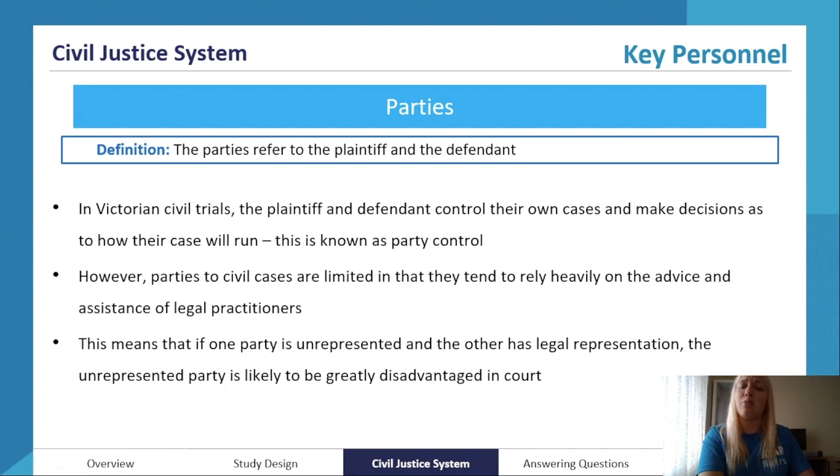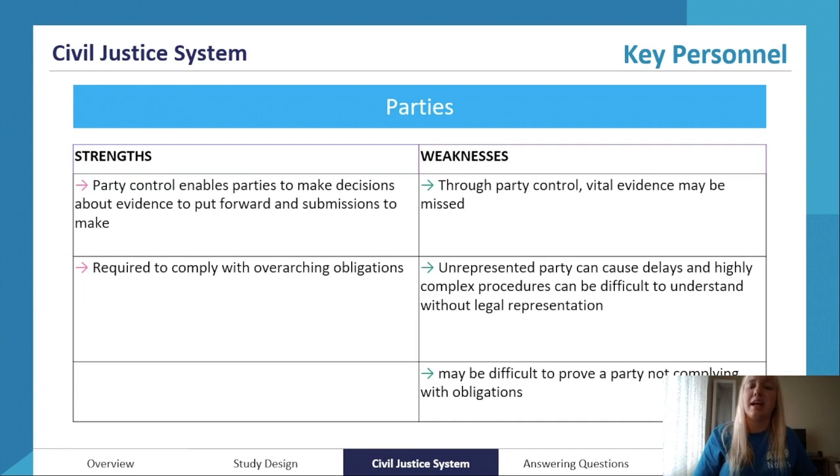So this means that if someone has bad legal representation in comparison to the other party or is unrepresented, they're likely to be greatly disadvantaged in court and receive bad advice or poor legal assistance and end up with an incorrect or a negative outcome in that trial.